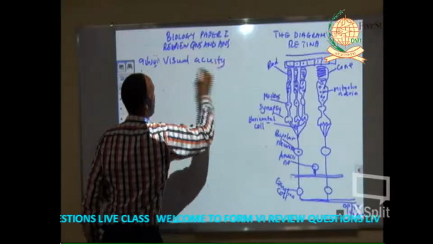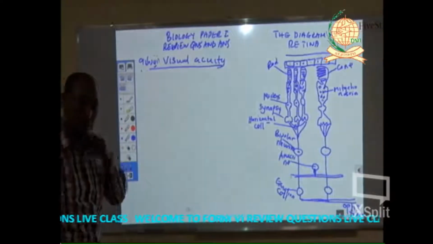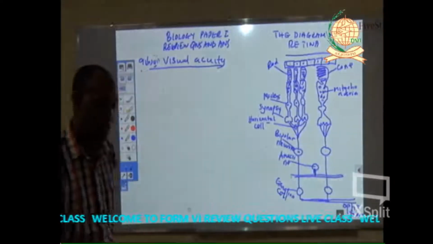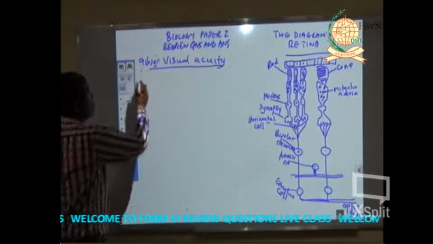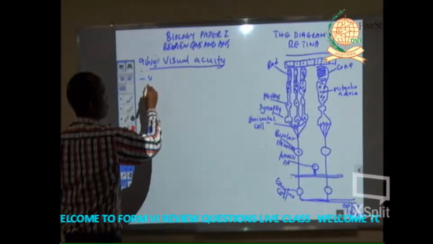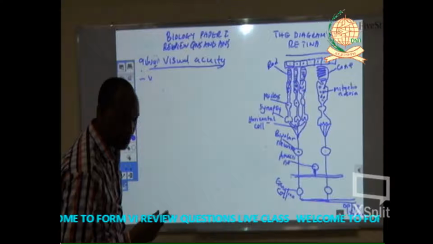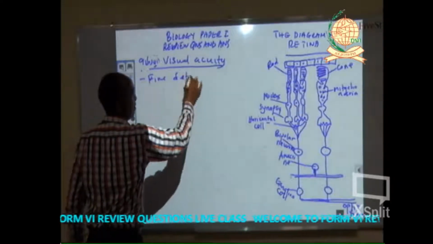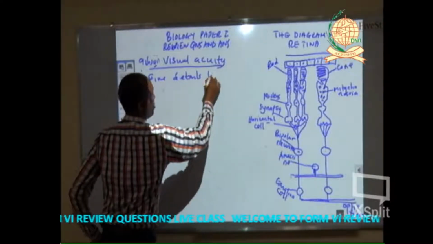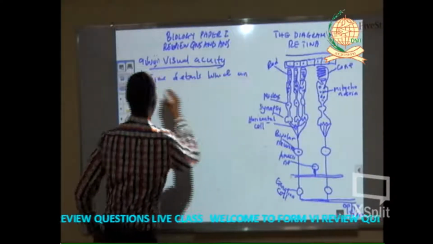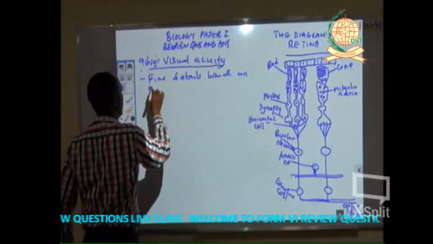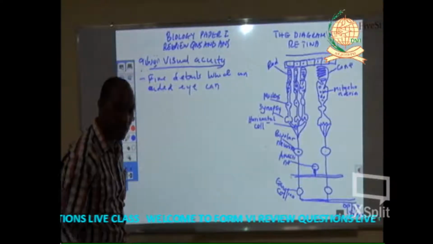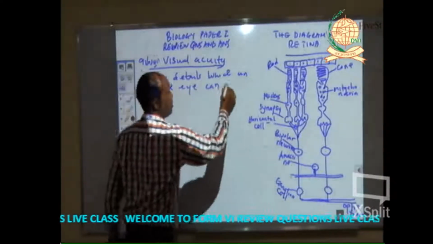Okay, the visual acuity can be defined as the measure of the finest detail which the unaided eye can distinguish.